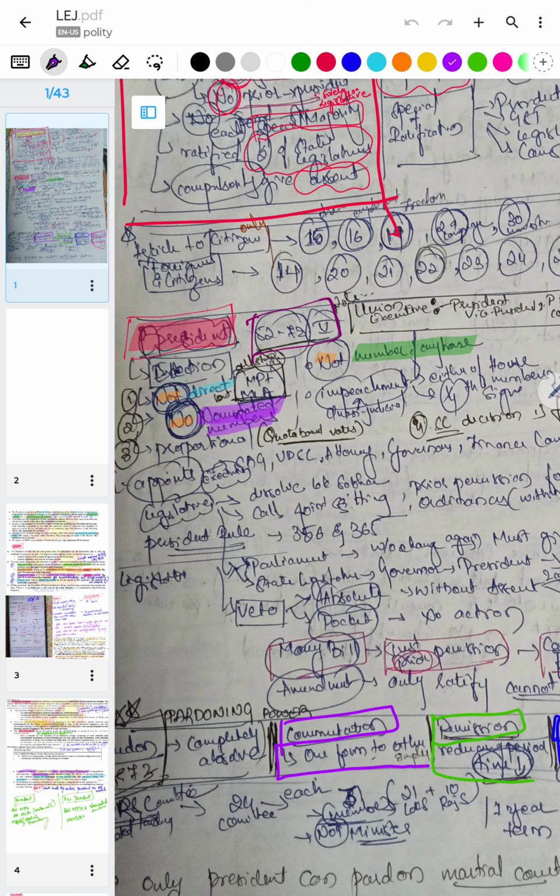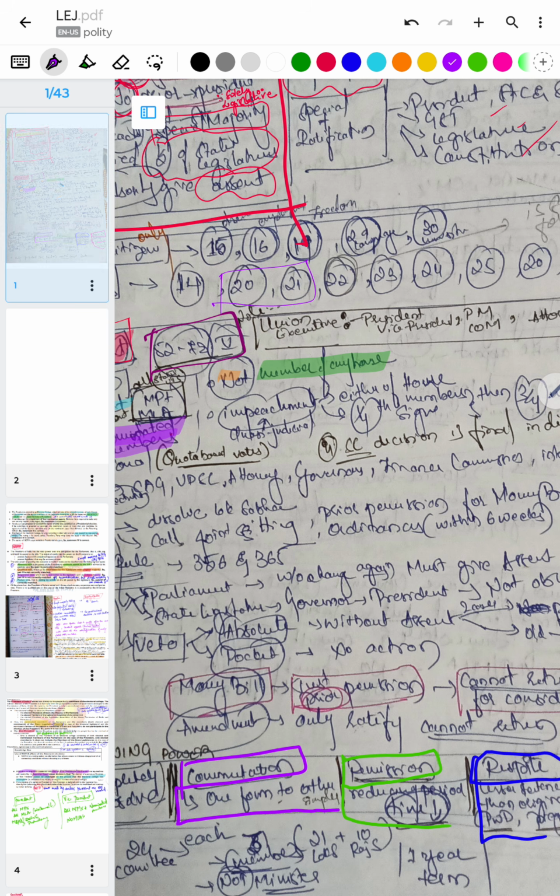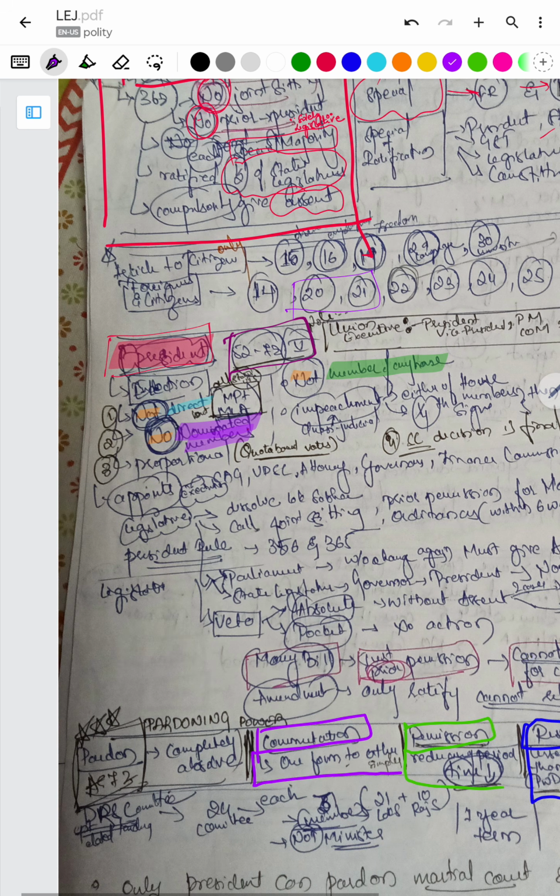See, 15, 16, 19, 29 and 30 are given to only citizens. These are 5 articles you need to remember. And 20 and 21 are anyone would get it, so everyone would get it. 20, 21, 22, 23, 24, 25 straight away.